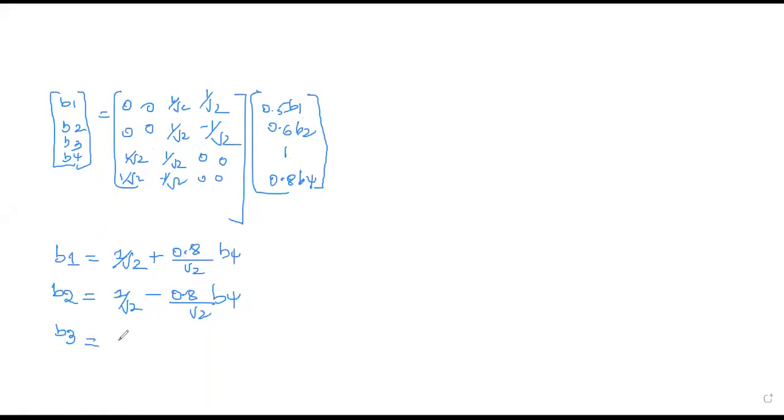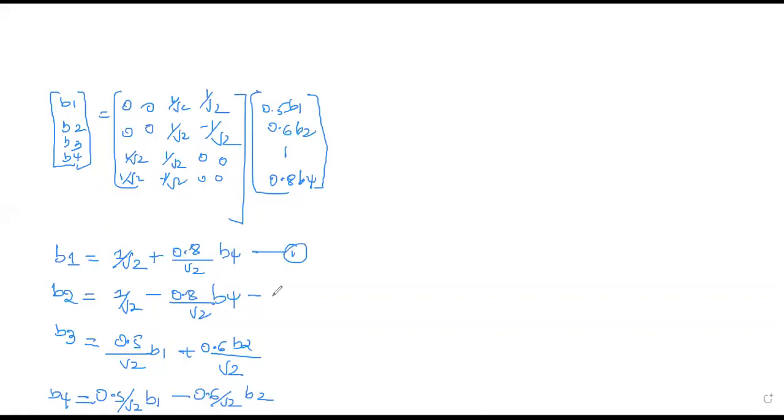So this equation will be 0.5 by root 2 into B1 plus 0.6 B2 divided by root 2. One more is B4. So it is again 0.5 by root 2 into B1 minus 0.6 by root 2 into B2. So you'll get 4 equations here. Write the equation number as 1, 2, 3, and 4.